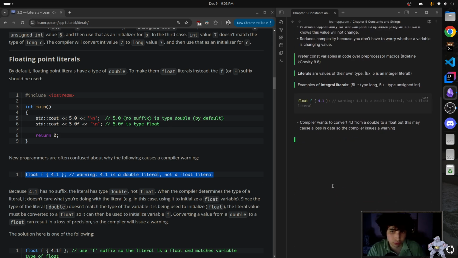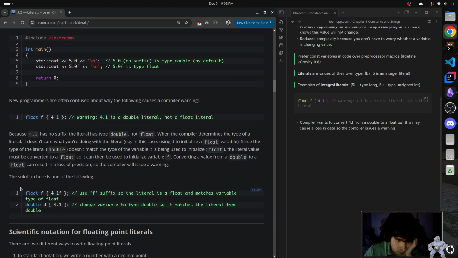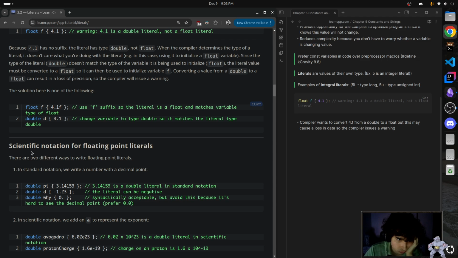Very interesting. There are two ways to write floating point literals.